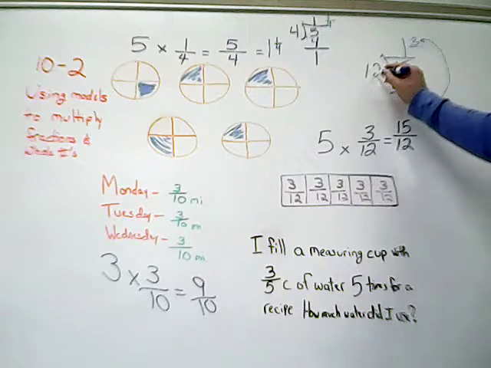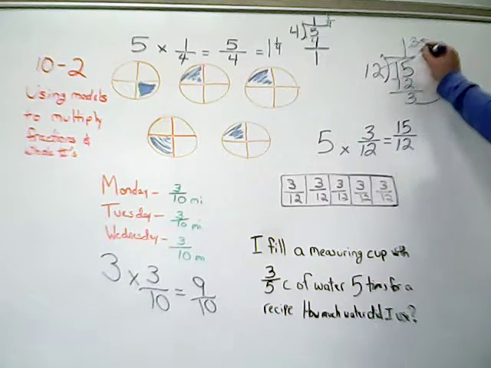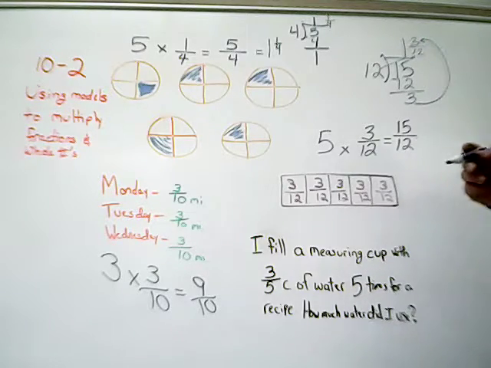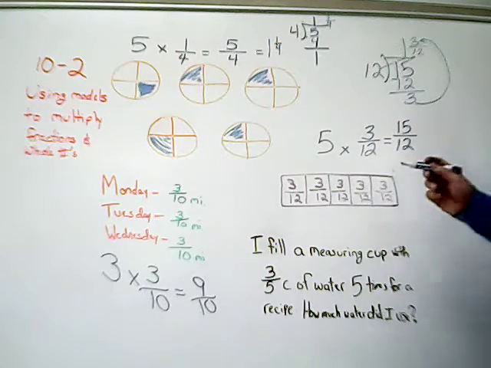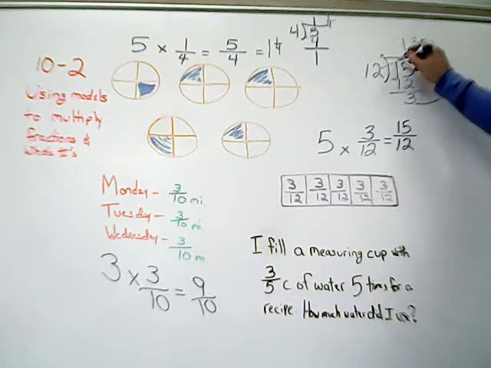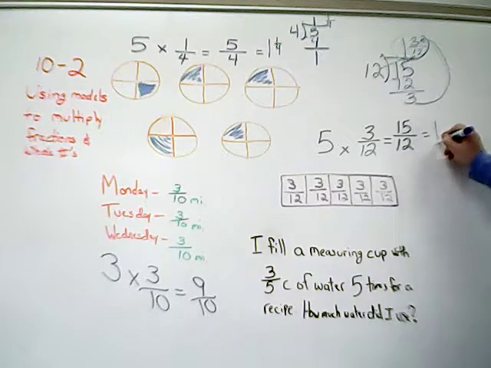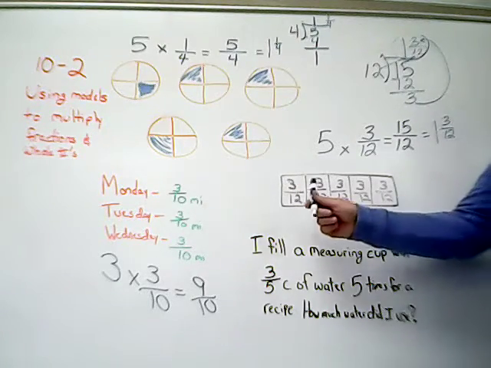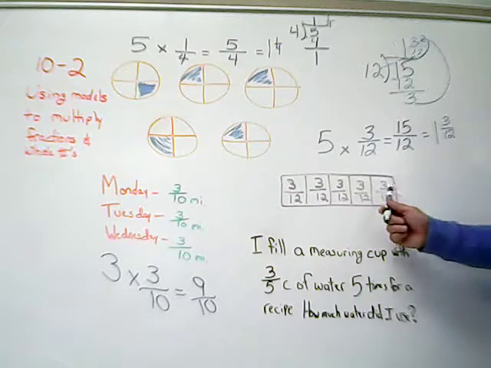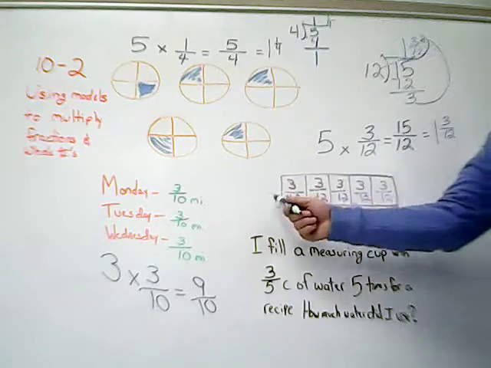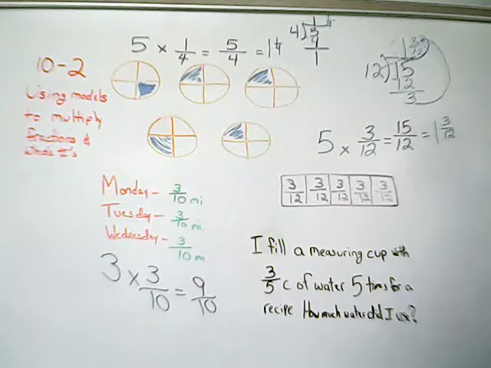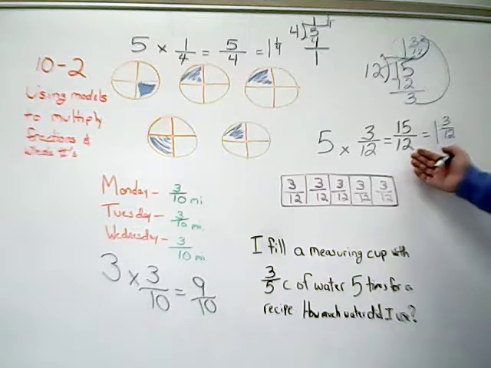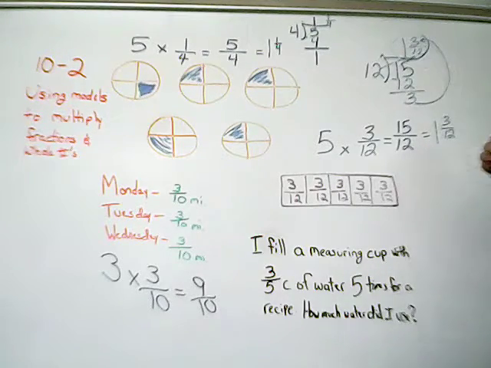I'm then going to take my divisor and turn that into my denominator. So my mixed number would be 1 and 3/12. All I did here was take my 5 groups, and because I was repeatedly adding the same number, I was able to multiply them with the whole number, 5 times 3/12, to get 15/12, which is an improper fraction, which through dividing, I was able to change to a mixed number.